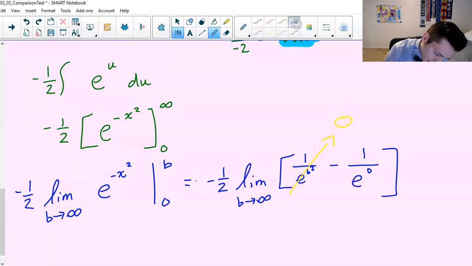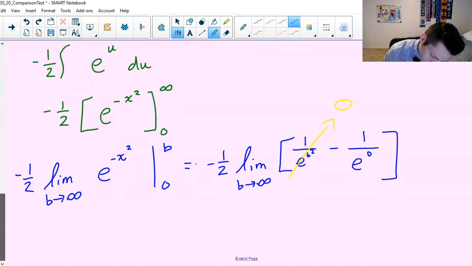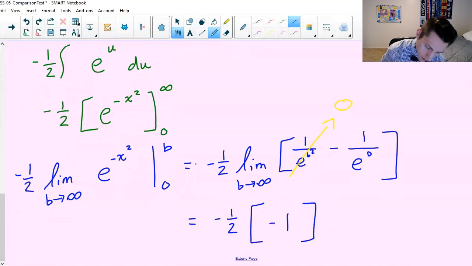So all that's left is minus 1 over e to the 0th power, which is just minus 1. Right? e to the 0 is 1, 1 over 1 is 1, negative 1 is negative 1. Okay, so negative 1/2 times negative 1 is positive 1/2.